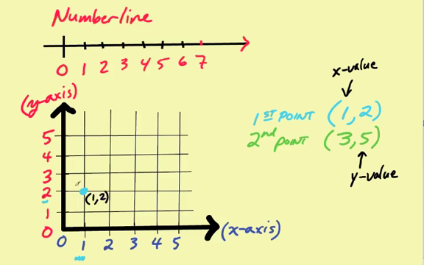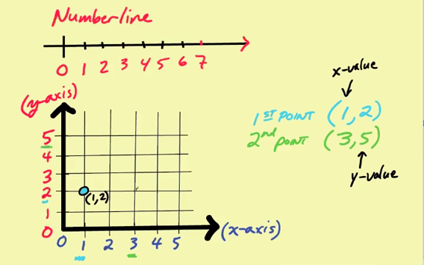And then my next point here, let's go ahead and, there we go, so it stands out. Then my next point, the second point, is 3 comma 5. And 3 comma 5 will be at, the x value is at 3 for this one, and the 5 is the y value.